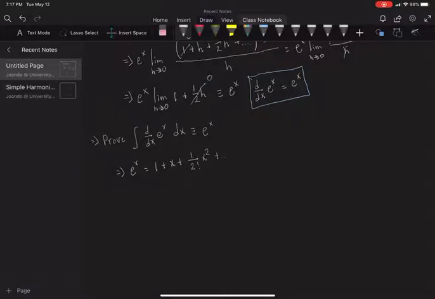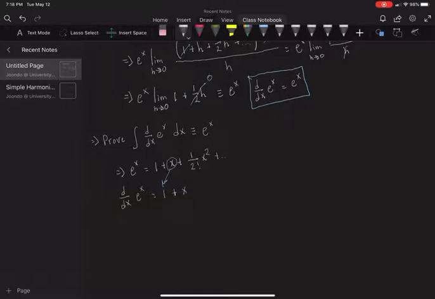So suppose we take the derivative of e to the x. Then what do we get? 1, plus the derivative of x is 1, so this becomes 1, plus x.